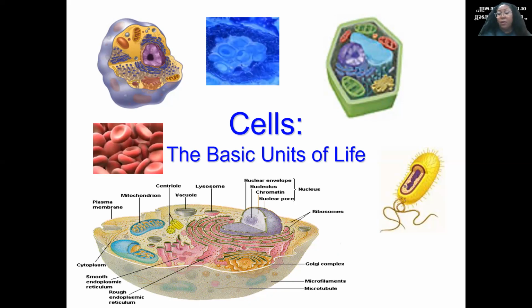So, Robert Hooke, a scientist, looked at a thin slice of cork and he saw that the cork looked like little boxes. So he called them cells. The word cell in Latin means little rooms. Just like we can compare it to a jail, and in the jail, you have different cells, okay?